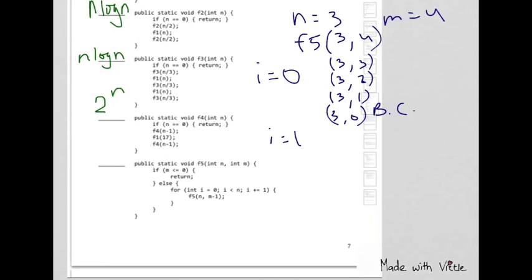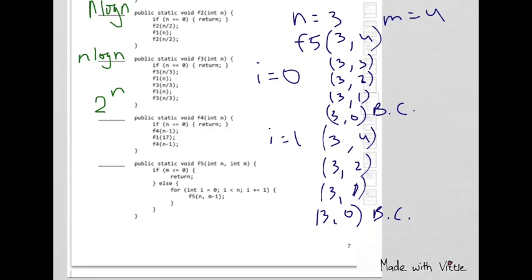At this point, i will increment by 1, and we'll repeat the exact same process: 3, 4, 3, 2, 3, 1, and then 3, 0, we hit our base case, and then i again will increment by 1.